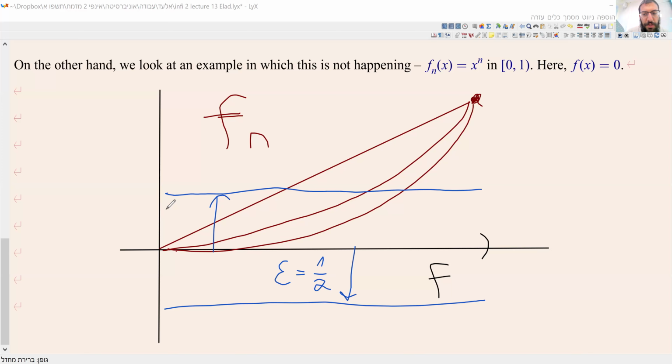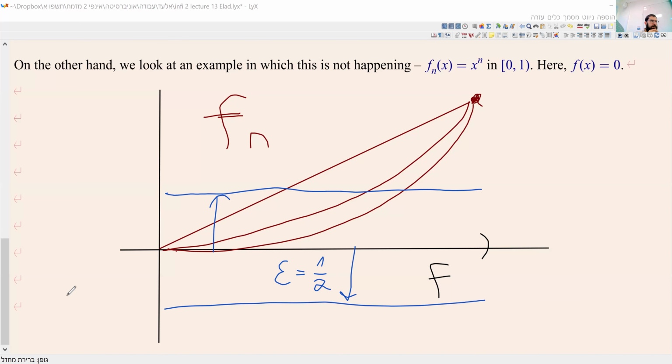So intuitively, geometrically speaking, here the convergence is not uniform convergence. It's pointwise, but not uniform. Does it have to be true for every point on the domain, for every epsilon? What changes is the level: where do we start to get the functions inside the strip? Of course, when the strip is thinner, you need to look at higher indexes in order to get the functions inside the strip.